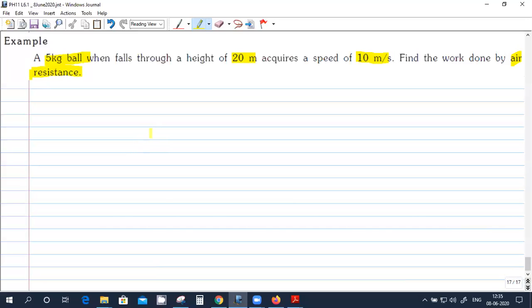So what are the forces acting on this ball? Gravitational force and air resistance. Air resistance is upwards. Only these two, right? So u equal to 0, we have to find v. v is 10 meters per second.